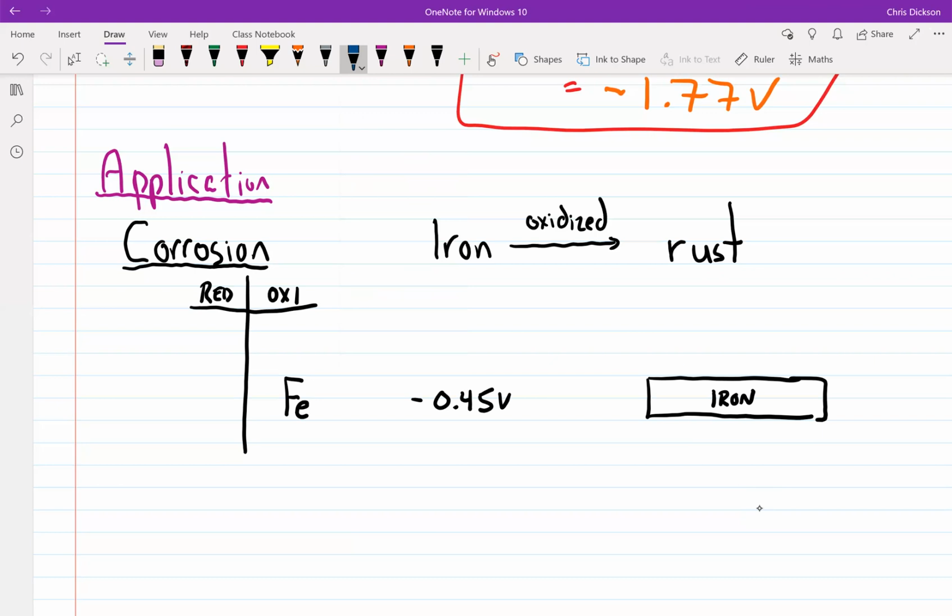And so if you get iron wet, so let's say a droplet of water on there, and obviously water is in the atmosphere, so maybe a piece of iron got rained on. And then you have oxygen gas in the environment, and that comes together, now you will get corrosion occurring.